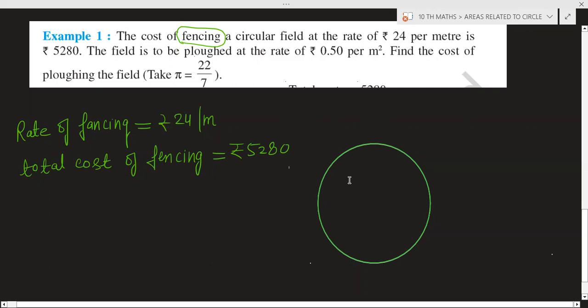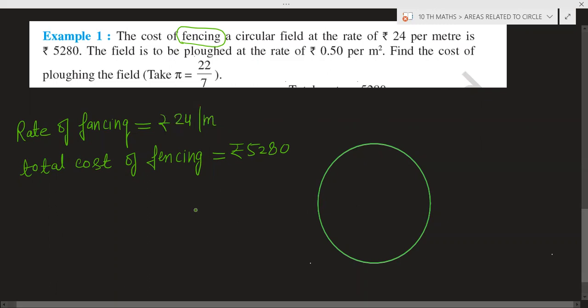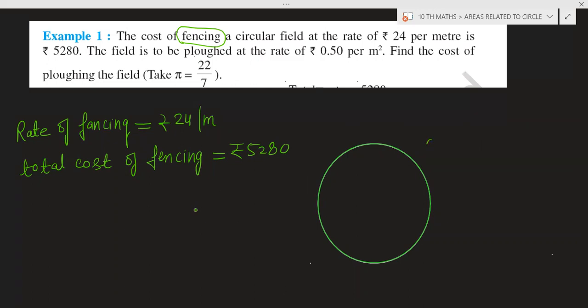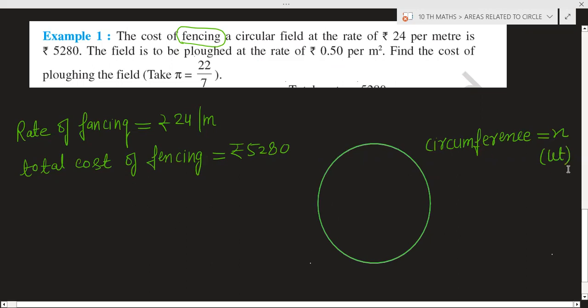For 1 meter fencing you have to spend rupees 24. Suppose the circumference is x.